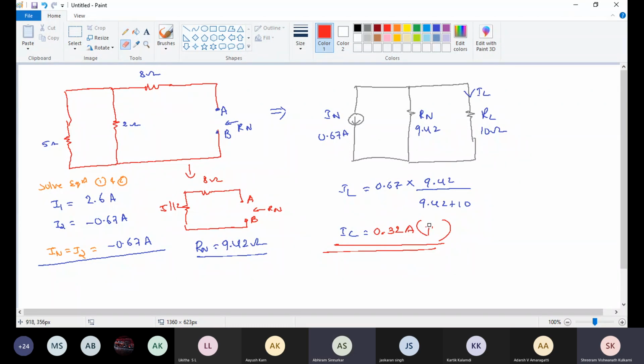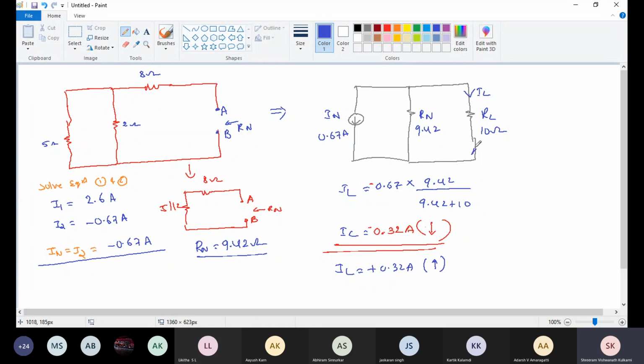So down direction. If I mark this one downside, I have to take it as minus 0.32 ampere, because I marked the opposite direction. So IL is plus 0.32 ampere in the upward direction.